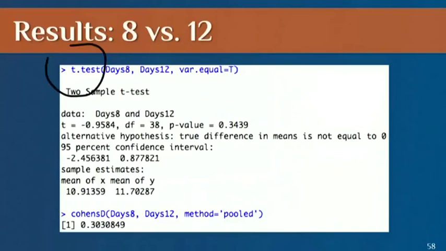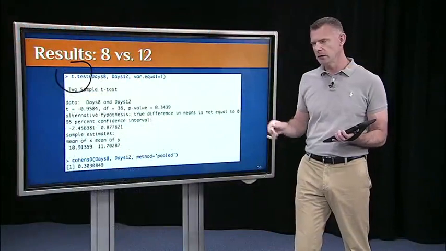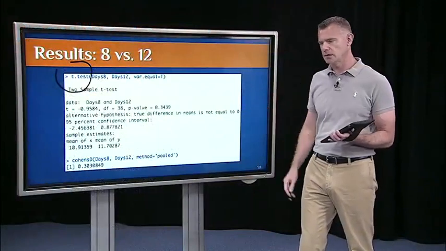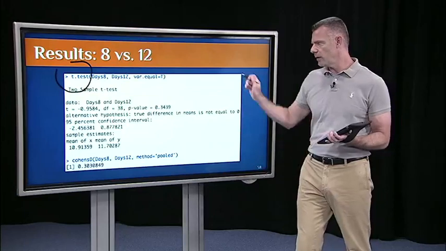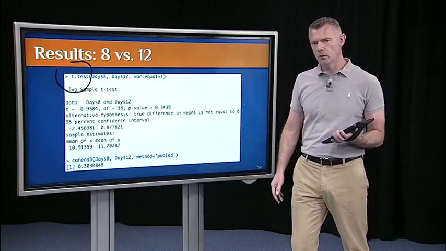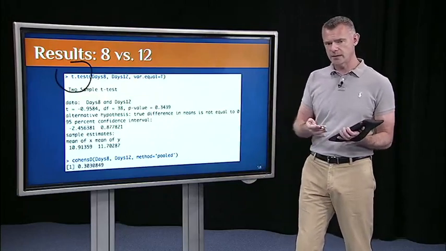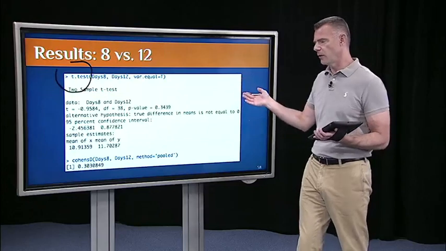But now, remember, in dependent, we had another argument that said paired equals TRUE. The default in the t.test function is that paired equals FALSE, so we don't have to touch it. You don't see that argument here. What we do have to add in, though, is var.equal equals TRUE. What does that mean? That means we have homogeneity of variance. So we tested it, it's true, we have to throw that in.